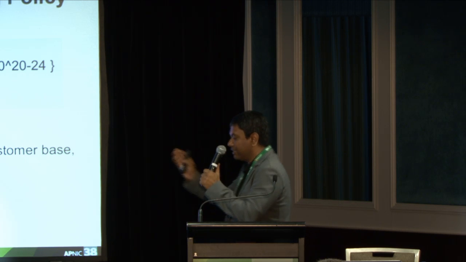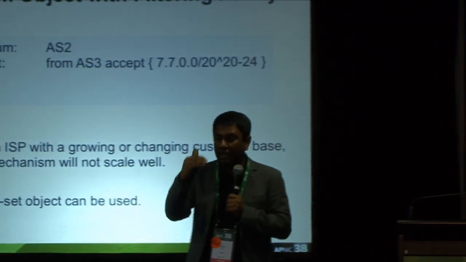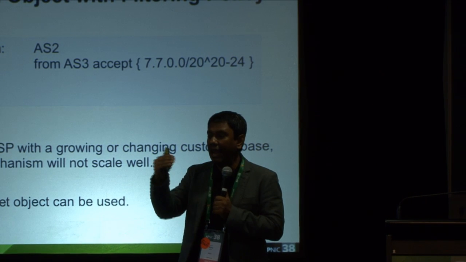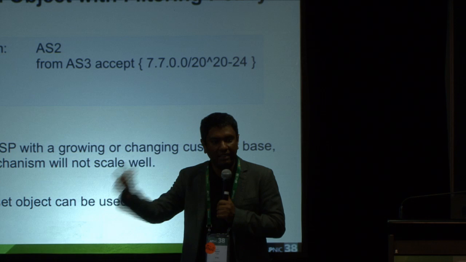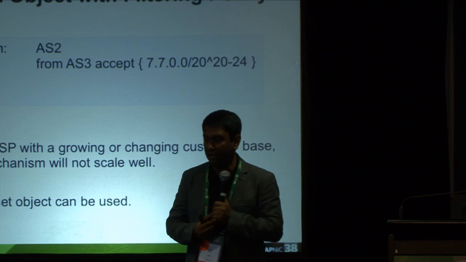So if you see the scale, how we can scale in a big environment, normally in the internet, tier 2 or tier 1 ISPs build their filters based on the origin AS, from which AS it is originated or via which AS the prefix is coming.